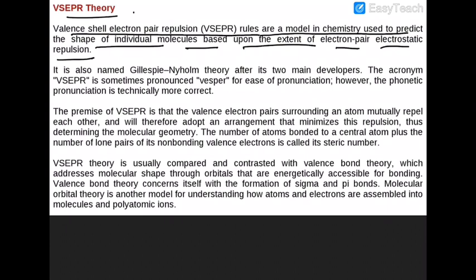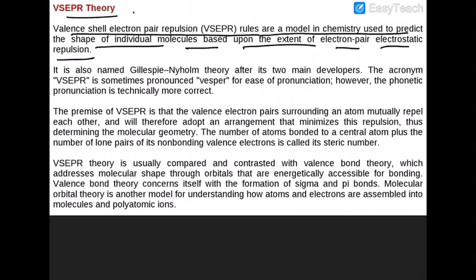Now VSEPR theory predicts that the repulsive interaction exists between the electron pairs. Electron pairs are of two kinds, bond pair and lone pair. The type of interaction that exists between these two types of electron pair is the general cause of the geometry of the molecule.